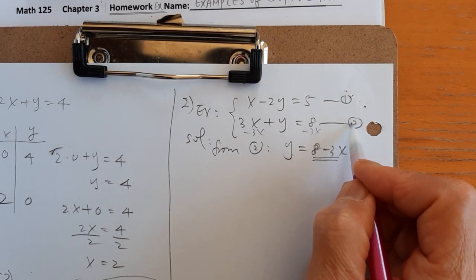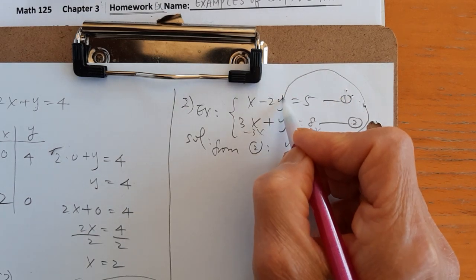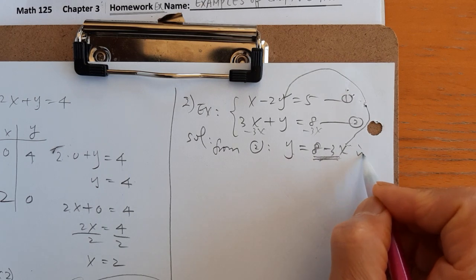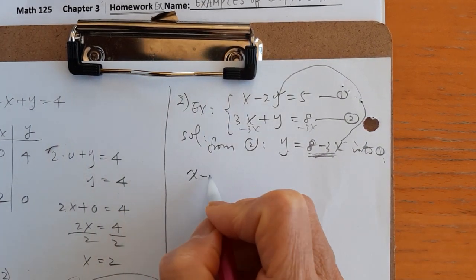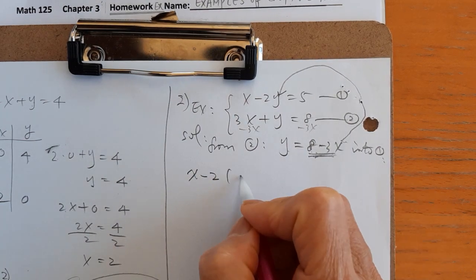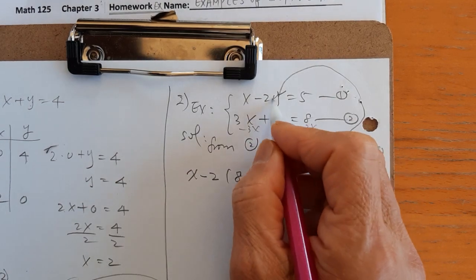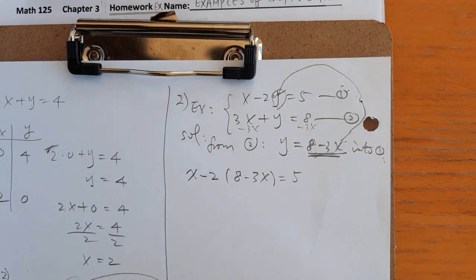Since this is from the second equation, you plug it into the first equation in y. So you get x minus 2 times y, where y is 8 minus 3x, equal 5.